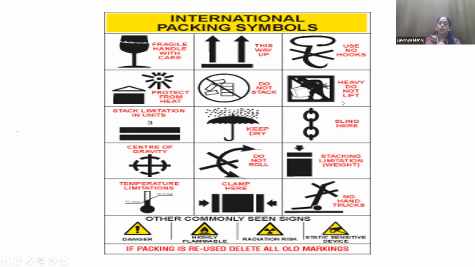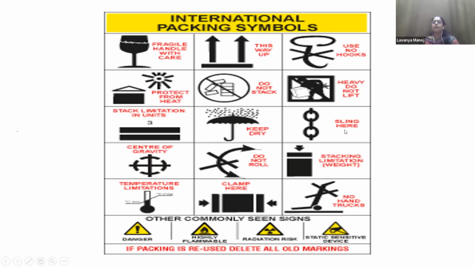It means no manhandling should happen, that is, no manpower should be used to lift the product. It should be lifted or handled only by forklift machines or cranes, because the weight is very heavy. For stack limitation, only up to 2 or 3 stacks is allowed. And keep dry means it shouldn't be exposed to rain.